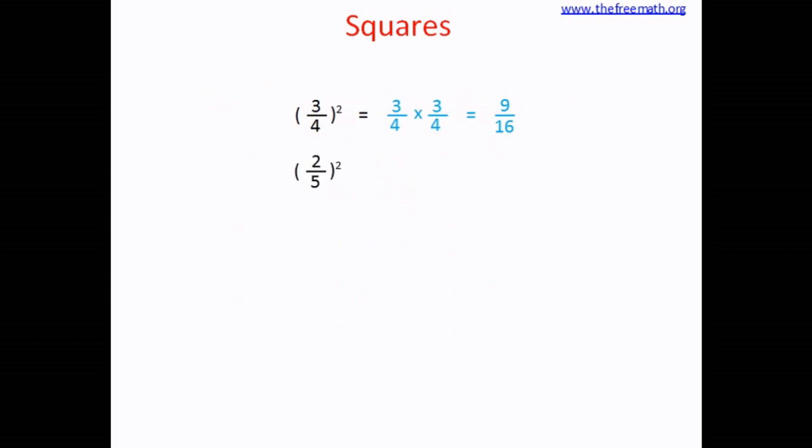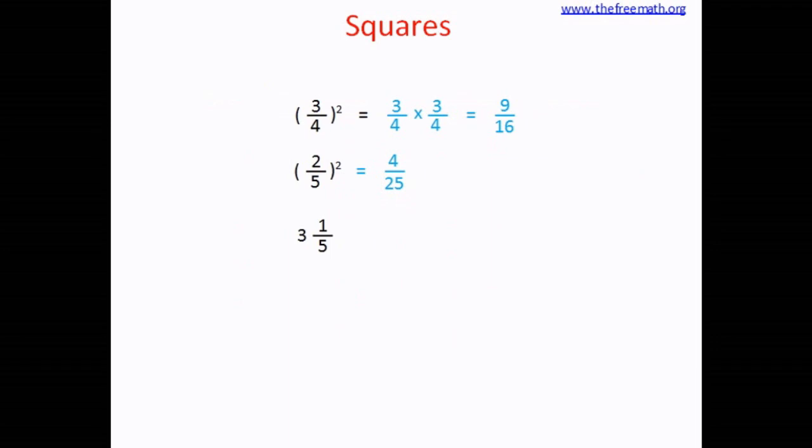Similarly, 2 over 5, if you want to square, you multiply 2 over 5 by 2 over 5 and you will get 4 over 25. It is actually the square of the numerator over the square of the denominator. What happens if there is a mixed number like this, 3 and 1 over 5?